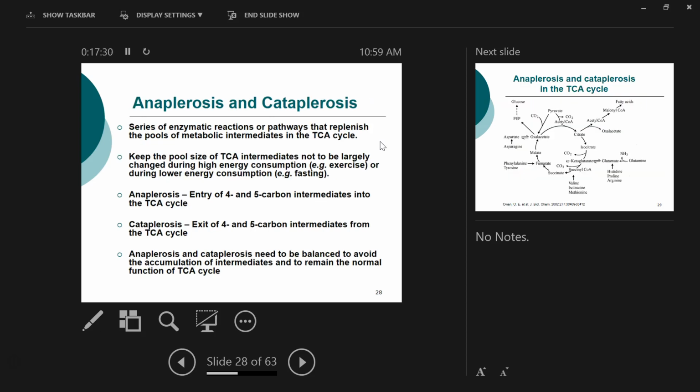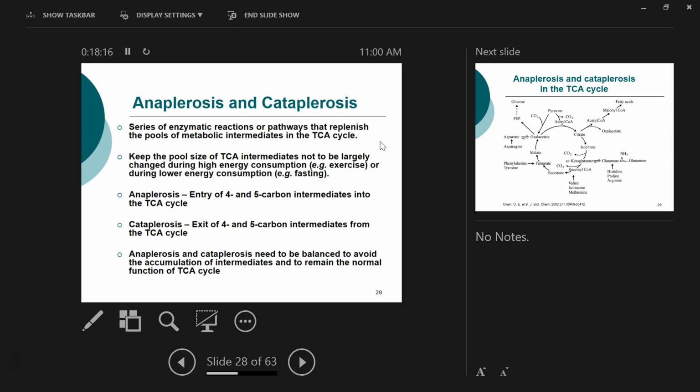Okay, now let's talk about anaplerosis and cataplerosis. These are a number of enzymatic reactions or pathways that can replenish the pool of so-called intermediates in the TCA cycle, right? The TCA cycle has many reactions and produces lots of intermediates, and this intermediate concentration has to be maintained in the normal range, otherwise the TCA cycle cannot function.